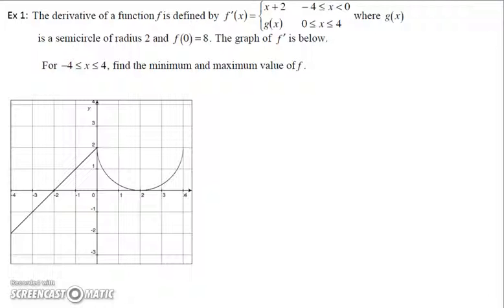A couple things that we need to point out here first. We know that this is going to be an absolute extrema problem, even though they don't say absolute minimum, absolute maximum. The way we know that is because of the way they wrote the interval. We have less than or equal to.